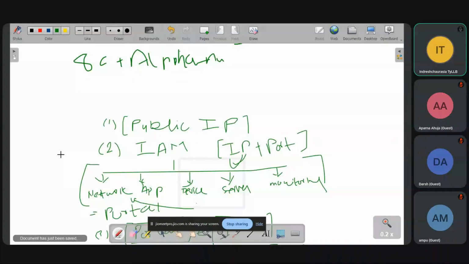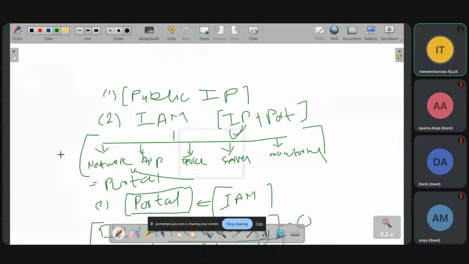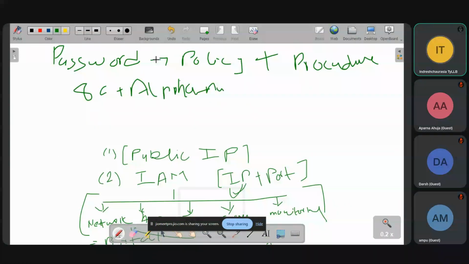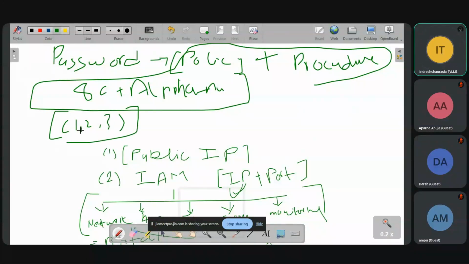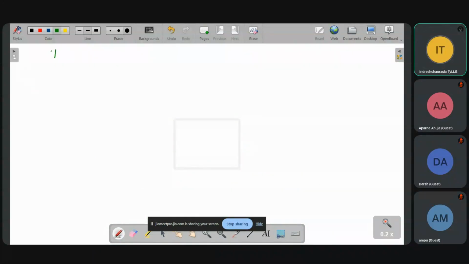But when I have given absolute power, they will think, hey, why do I have to do this? They will put only a simple password like 1 2 3, and bypass the particular policy. So that's the issue. The first issue when talking about the cloud is managing a public IP address.